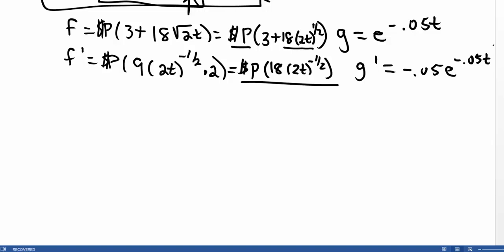Now the product rule says we're going to do f prime times g plus g prime times f.